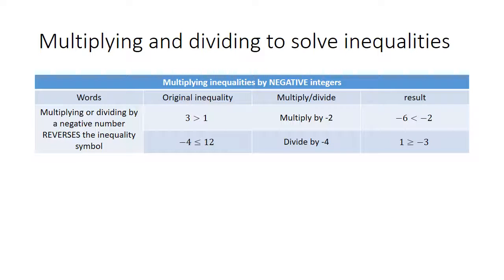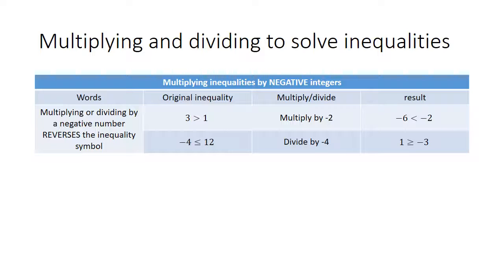Now, when you're multiplying and dividing while you're solving inequalities, the rules are a little bit different. And often, mistakes are made when you're solving an inequality if you forget to flip the sign. So if you multiply or divide by a negative number, for example, here we've got this 3 is greater than 1, which you should know.